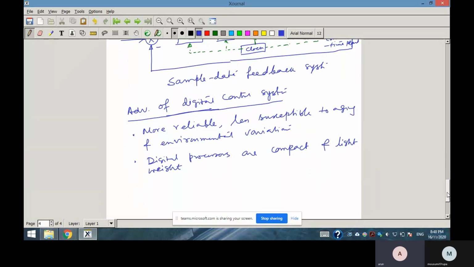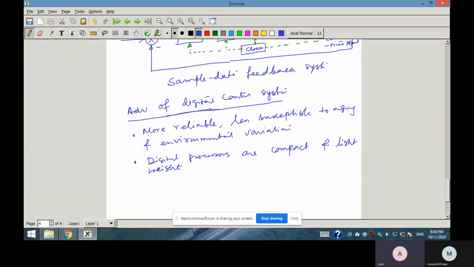If you realize a controller using the analog way, so many op-amps, amplifiers, capacitors, many things are needed. If you want to implement a complicated, complex controller, it is almost impossible in analog implementation. But in digital implementation, whatever complex controller there is, you can easily implement.